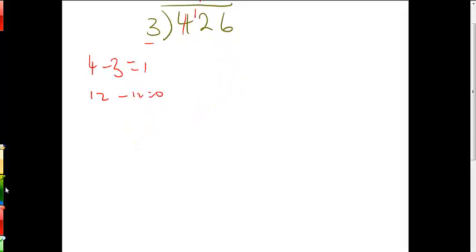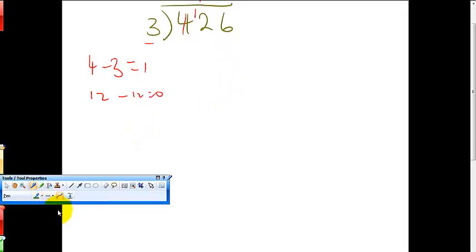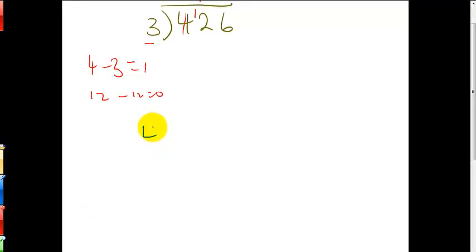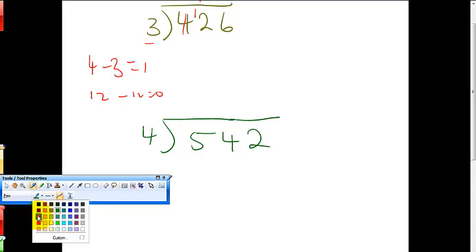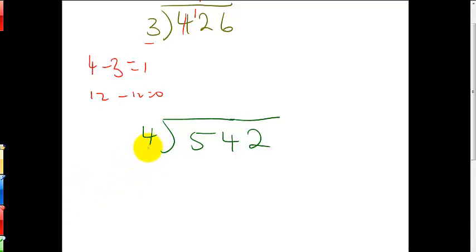All right, let's try another different example. Let's try 542 divided by 4. Okay, how many times does 4 go into 5?